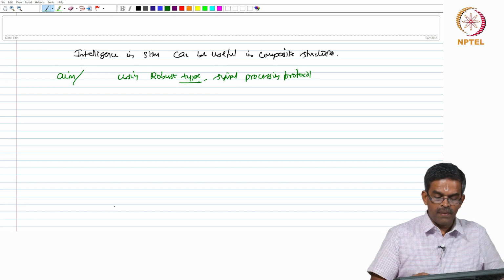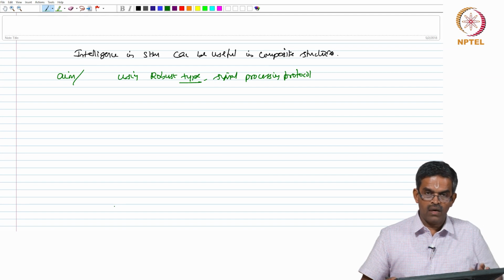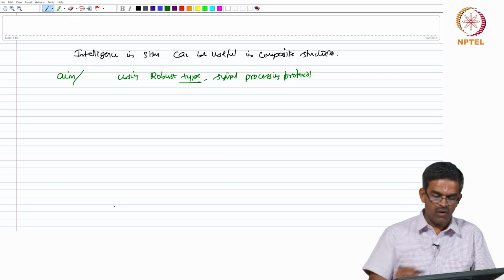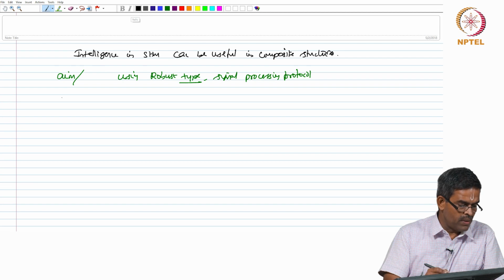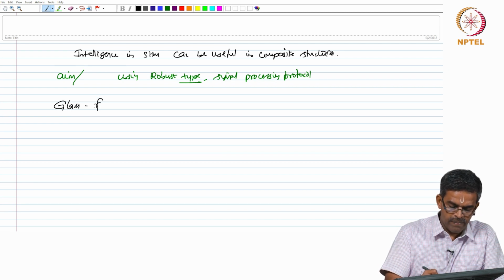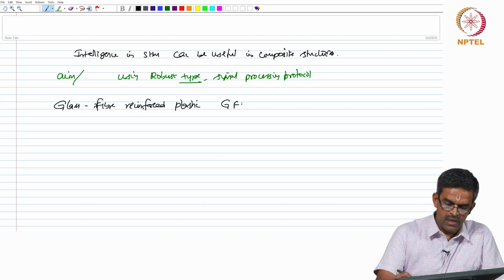Let us take an example where composites are subjected to damage very often. One classical example is glass fiber reinforced plastic, that is GFRP.